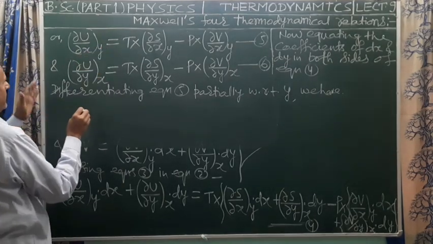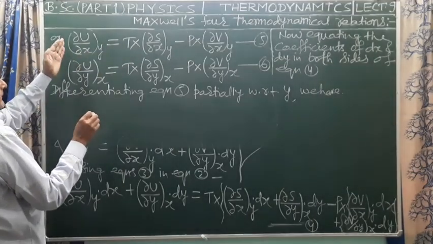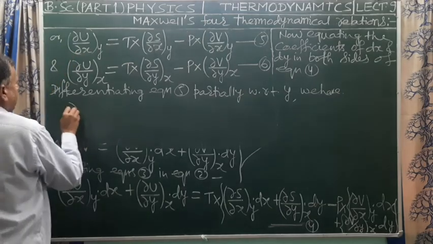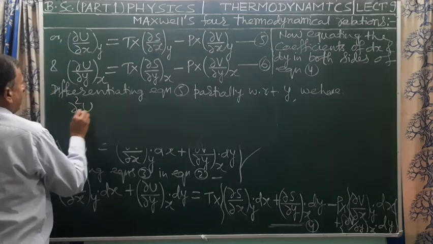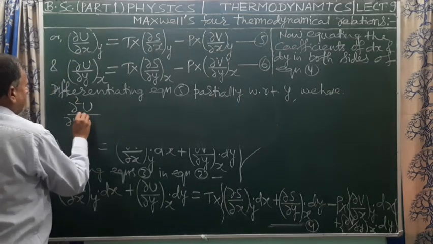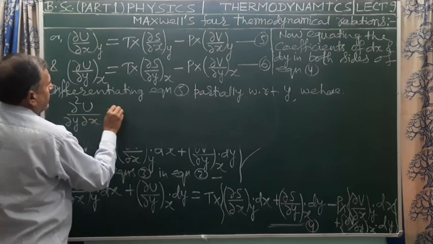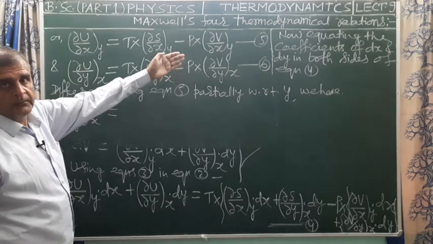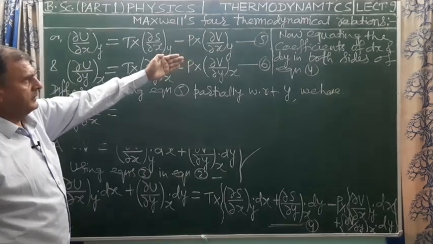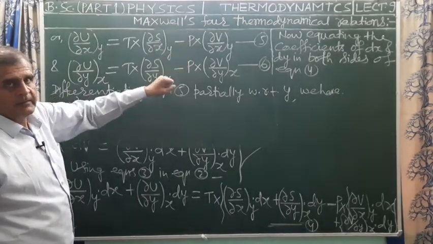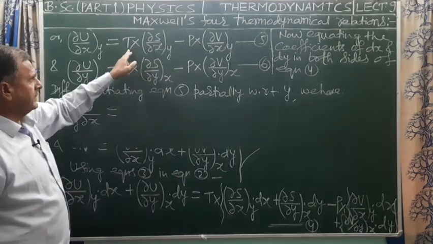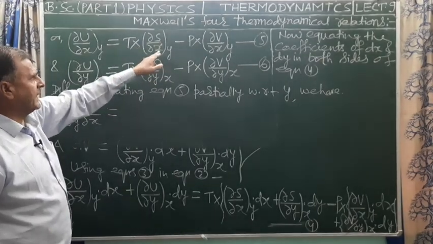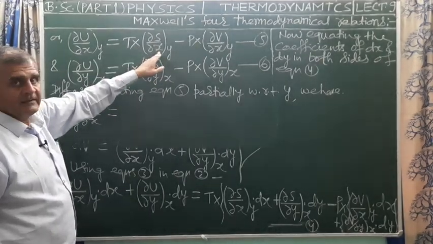So we have del upon del y of del u upon del x is del square u upon del y del x, and in RHS of equation 5 the first term is T multiplied by del S upon del x at constant y.